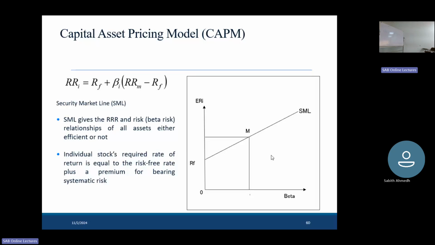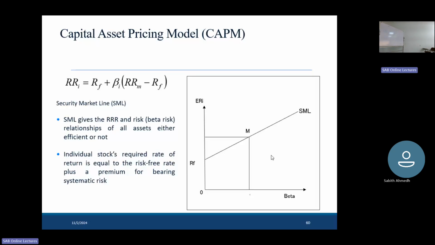If your stock is somewhere here, it is undervalued.